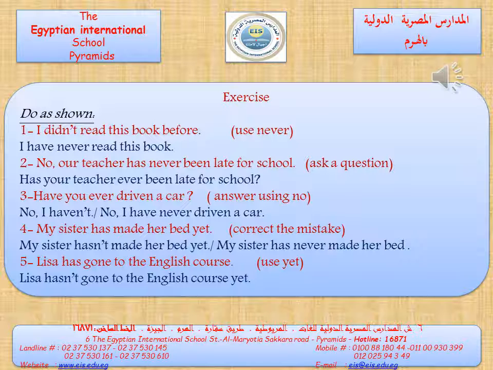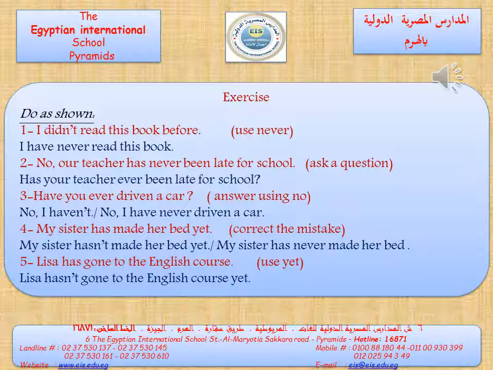The question will be: "Has your teacher ever been late for school?" We said in the explanation: "has" or "have" plus subject, "your teacher", plus "ever" plus the past participle verb plus the rest of the sentence, and don't forget the question mark.